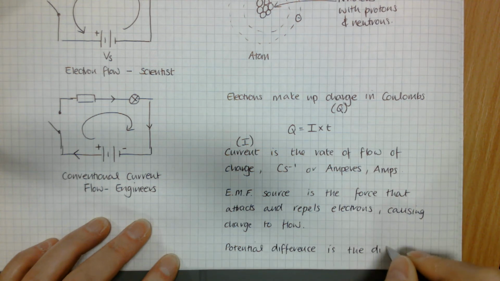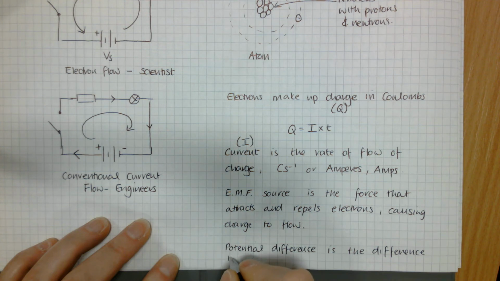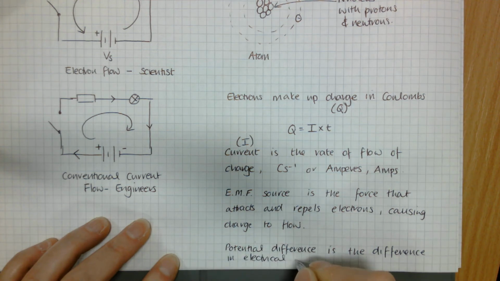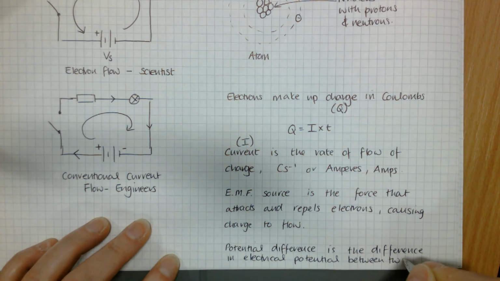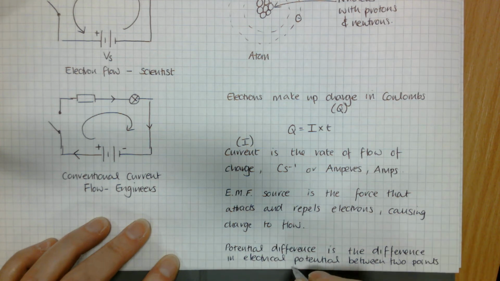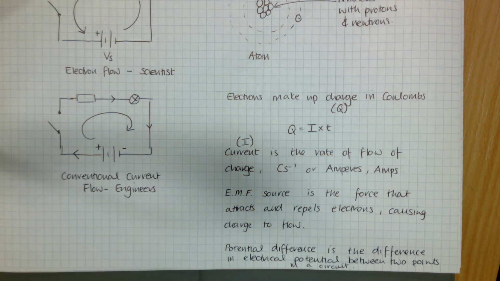And it's the difference in electrical potential between 2 points in a circuit.